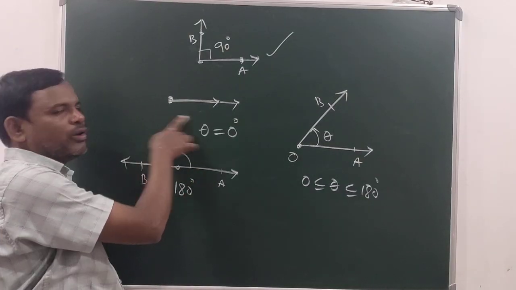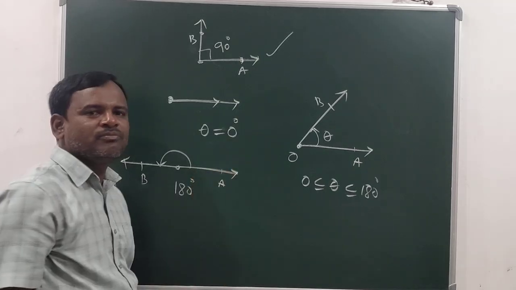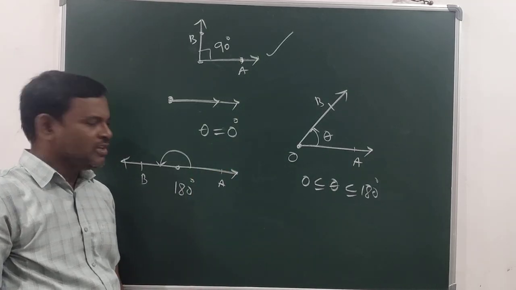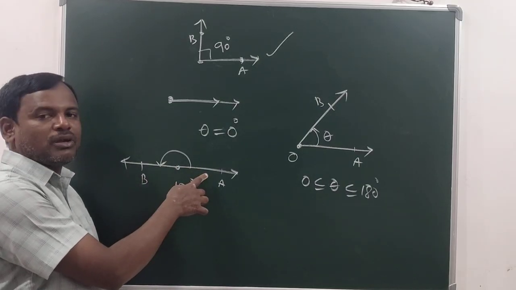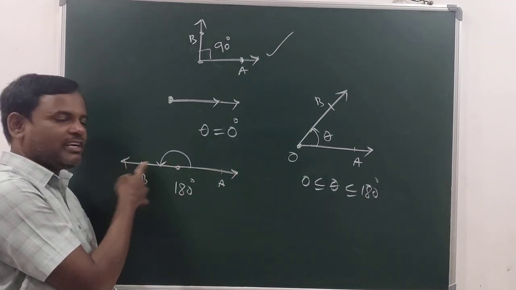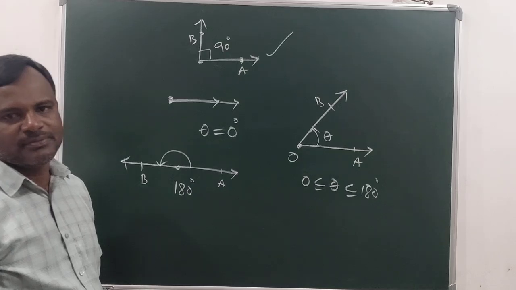If both are coincident or both are parallel, then the angle between them is 0 degrees. If both are on the same line but moving in opposite directions, OA is that side, OB is this side, so in this case the angle between two vectors is 180 degrees.